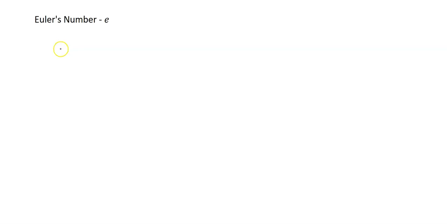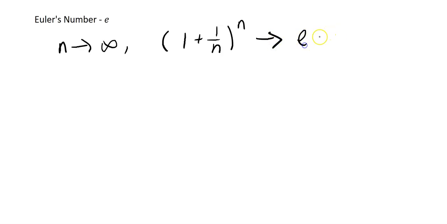What we want to do, though, to get this number is let n approach infinity. So as n gets really large, the compounding number gets really large. This value here is going to head toward e, which is approximately 2.718282.